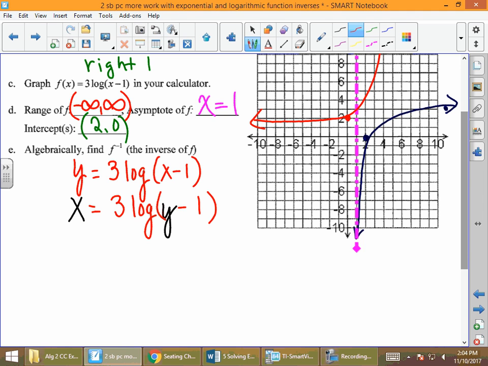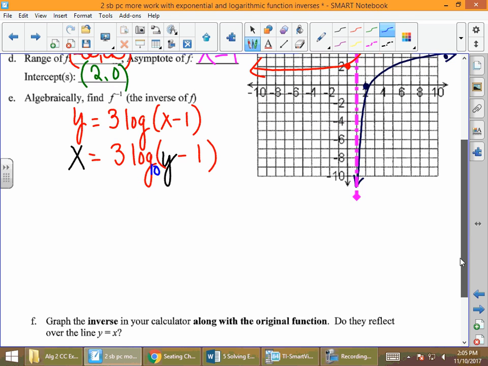But in order to solve this, we're going to have to convert this logarithmic back into an exponential. And what's implied in that is we need to know what's the base of a logarithm when there's nothing written. And you should be going 10. You should be saying 10. So this is 3 log base 10. Now, if you're taking notes, make a note to yourself.